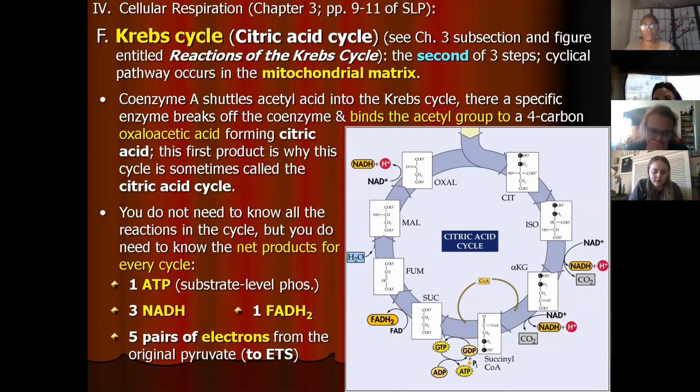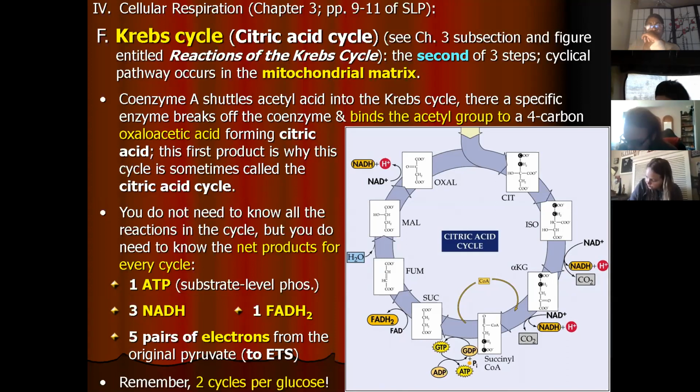Yep. Okay. It would be 2 cycles per glucose. Does it help having it color-coded here on the whiteboard? 1, 2, 3, 4 from the Krebs cycle proper, 5 coming from the original pyruvic acid.